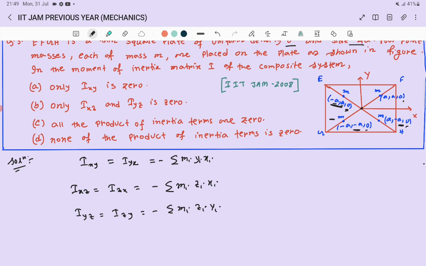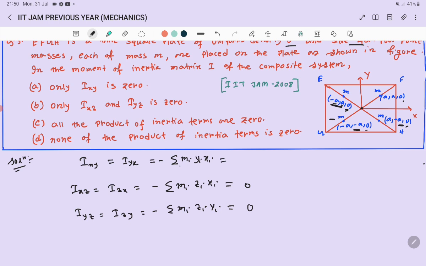So the z component is 0 for each and every mass. So if you open the summation involving zi, you will get z in each and every term, because this is always a multiplication with xi and yi, so that will be 0.